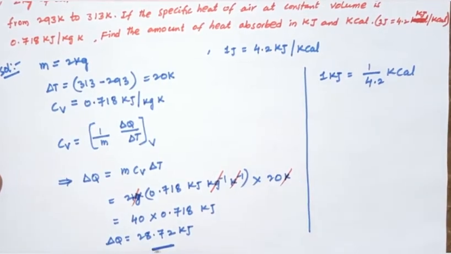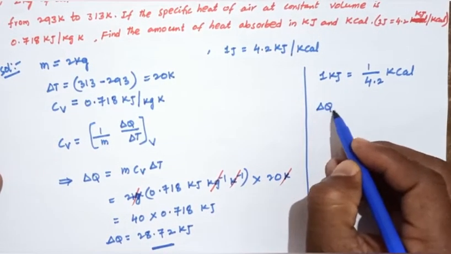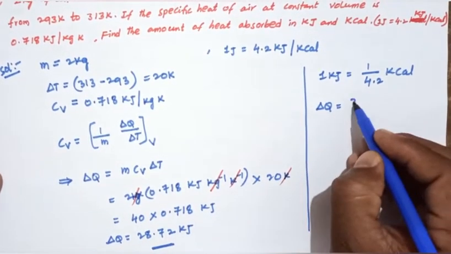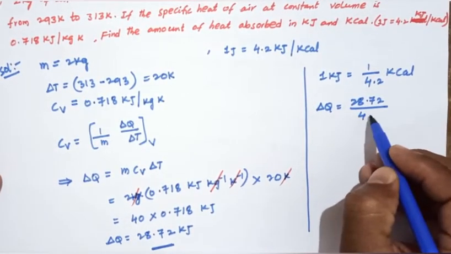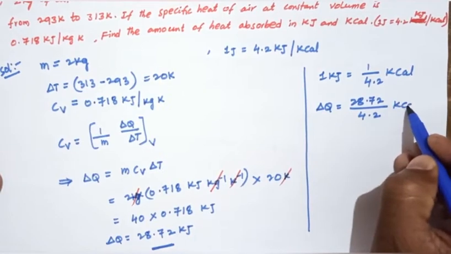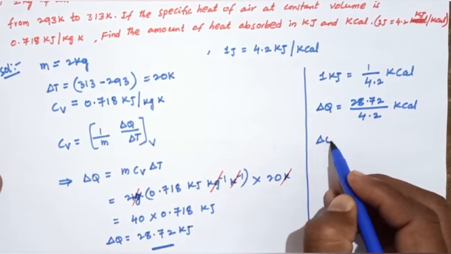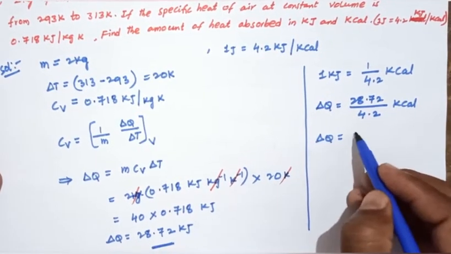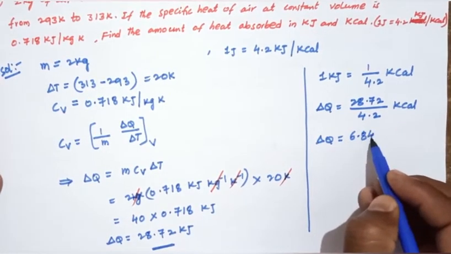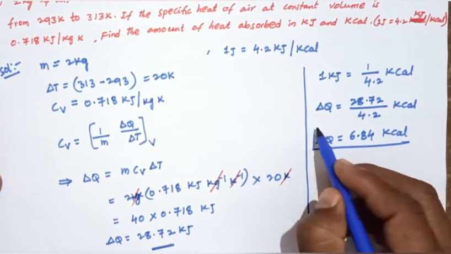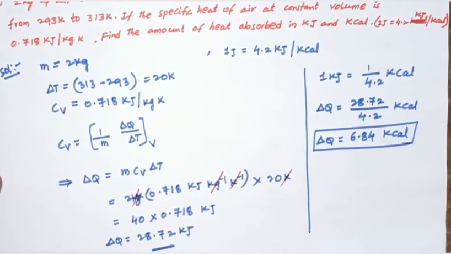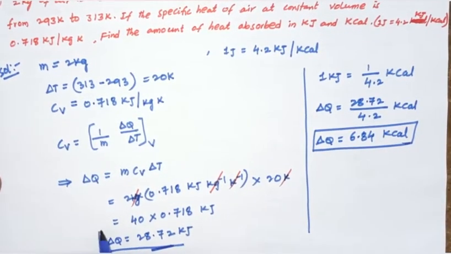Substitute this value in this. Delta Q equals 28.72 divided by 4.2 kilocalories. So delta Q equals 6.84 kilocalories. So this is in kilocalories, and earlier it is in kilojoules.